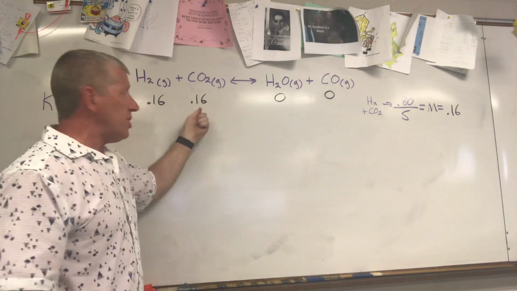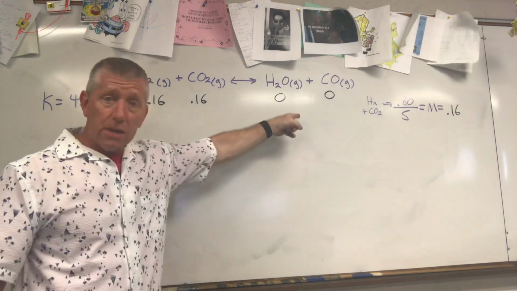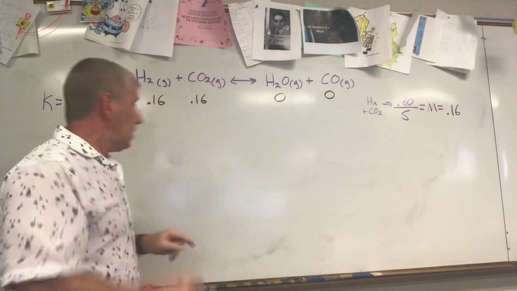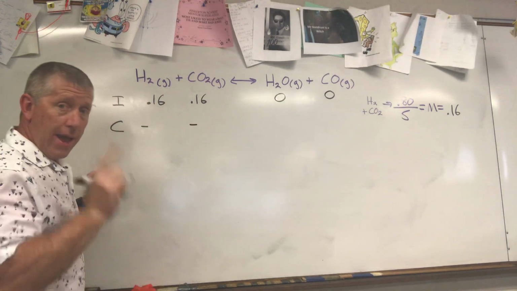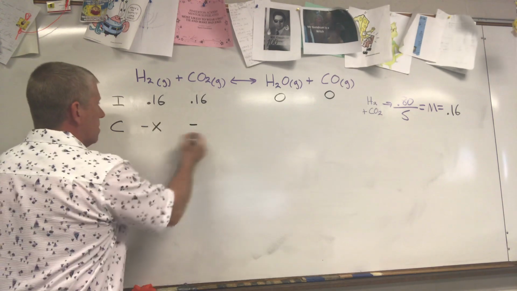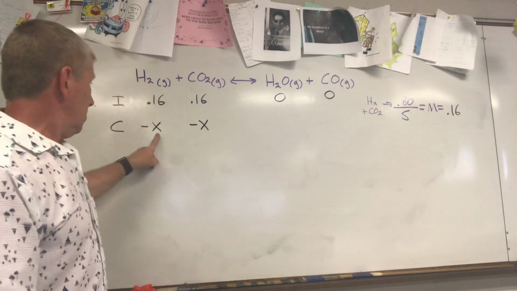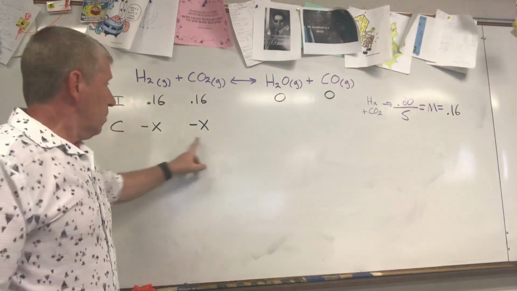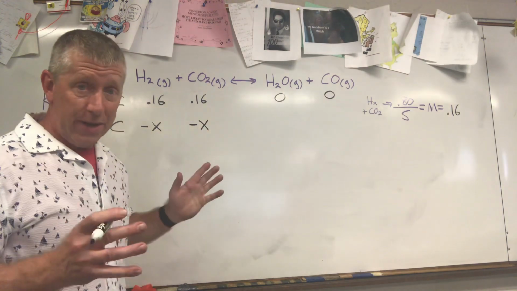The concentrations of these are going to go down. They're going to react with each other and make product. So we lose these. To show that, you put a negative and you put an X. We don't know how much we're going to lose yet. We'll figure it out.